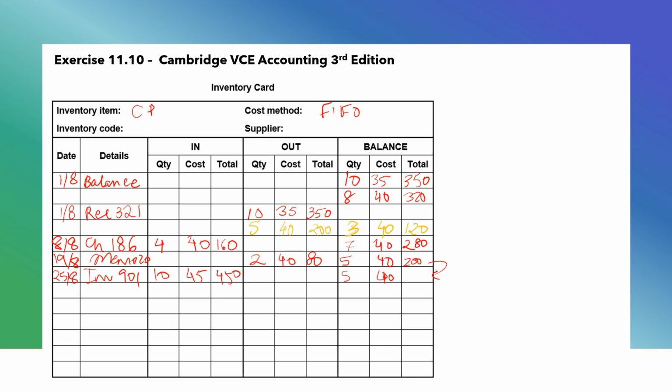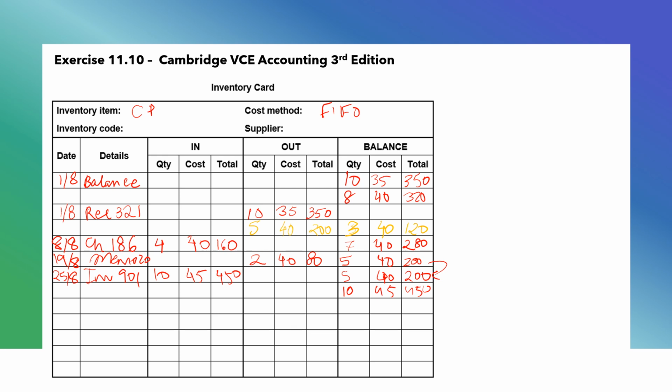So 10 at 45 will be after this. And so we've got the 5 at the 40 cost with total of 200, 10 items at 45 cost, total of 450. Then you've got the next transaction.